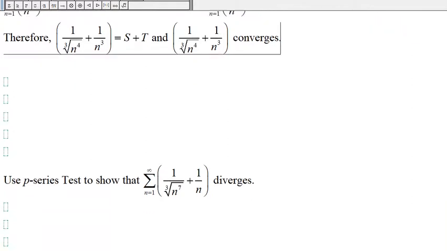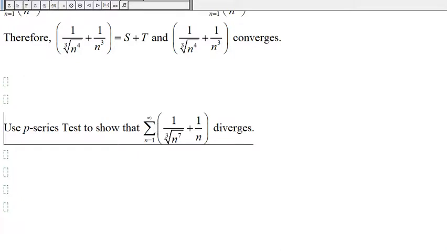And now let's look at an example where it doesn't converge. So we have the series of 1 divided by the third root of n to the 7 plus 1 over n.